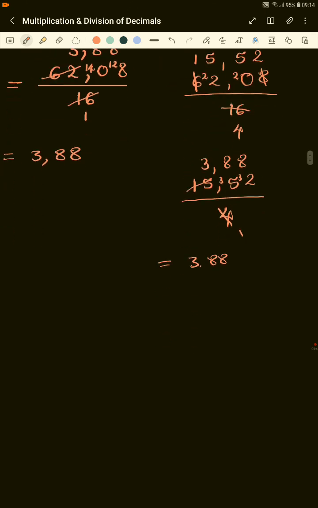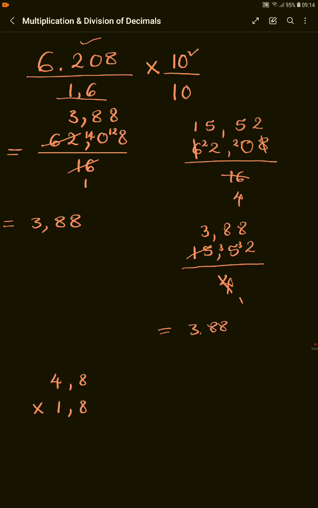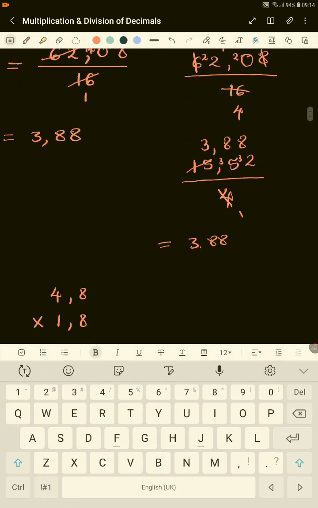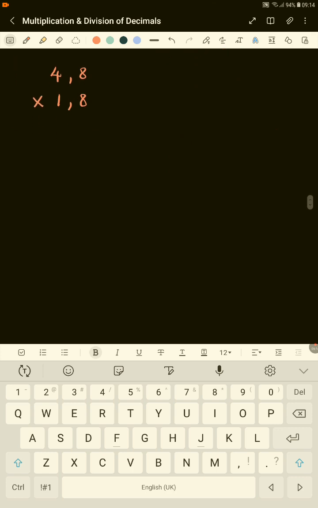Okay, so we're going to look at another example. This time we're going to look at multiplication. If you have a question that says 4,8 times 1,8, and you are asked to calculate this one, this is how you do it.